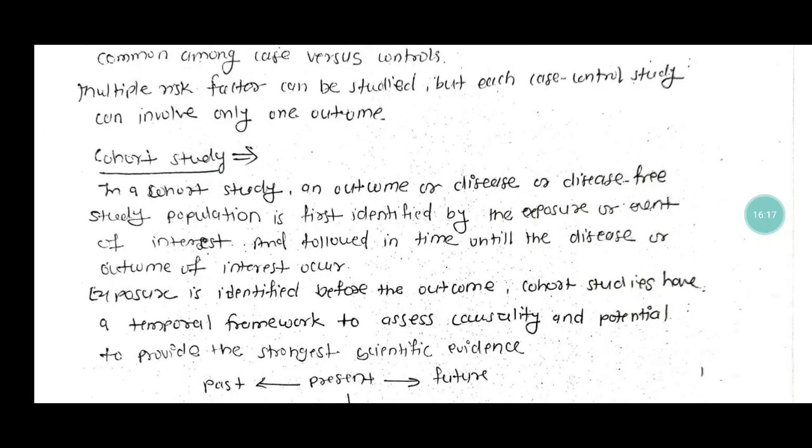In a cohort study, a disease-free study population is first identified by the exposure or the event of interest and followed over time until the disease or the outcome of interest occurs, where the exposure is identified before the outcome. Cohort studies have a temporal framework to assess causality and have the potential to provide the strongest scientific evidence.